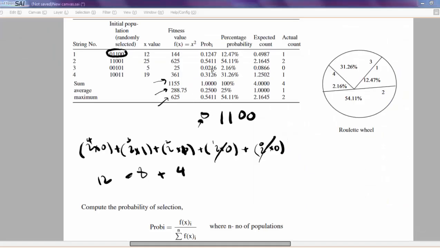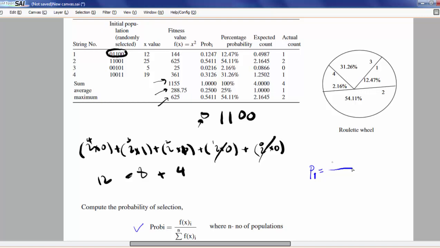So if you can see here the probability of the first chromosome, which is 0.1247, it comes from this equation here. For the probability of the first string, we take its fitness, we are talking about this string or this chromosome.